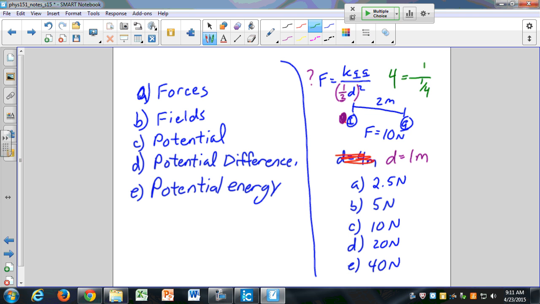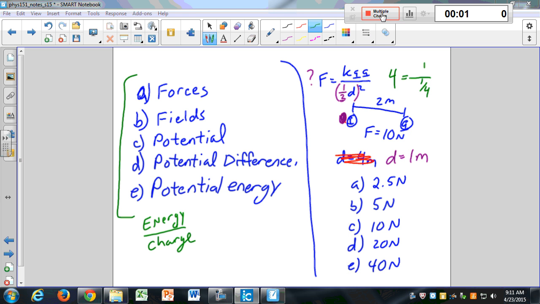All right, of these 5 over here, which of these is a measure of energy per charge? Is it the forces, the fields, the potential difference, or the potential energy?